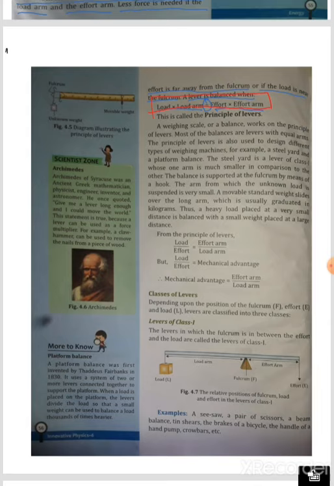Load into load arm equals effort into effort arm, and this is what we call the principle of levers. So what is the principle of levers?